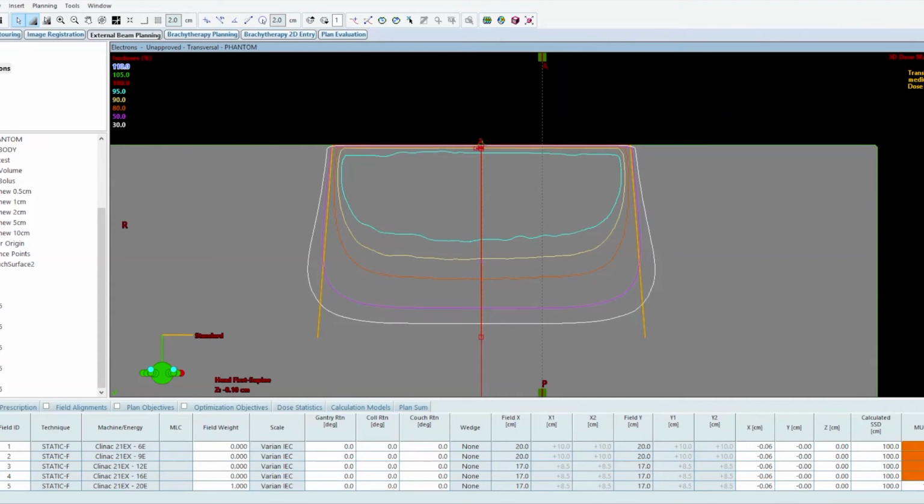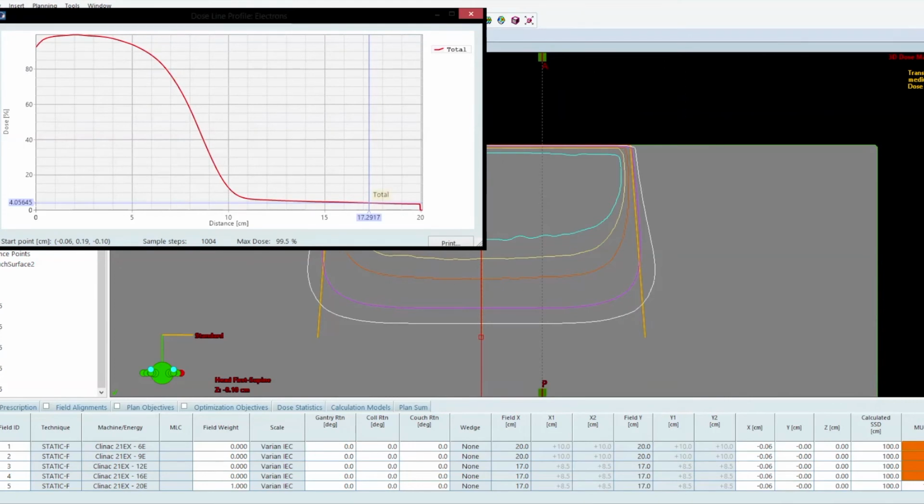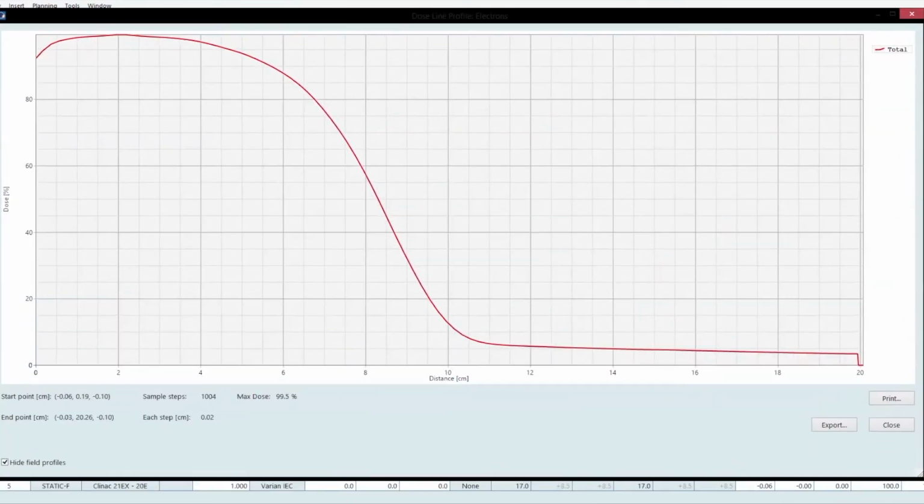So with 20, if I pull the percent depth dose in, the skin dose, 93%. Okay, so if we prescribe at even the 95% isodose line, the skin is basically getting full dose.